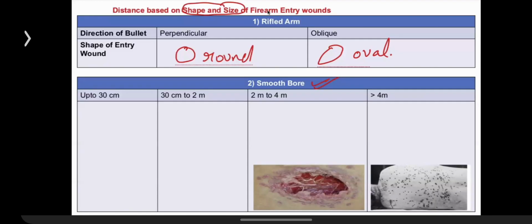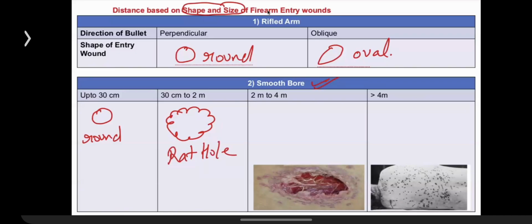In smooth bore, initially the pellets go together and then they start separating out. So up to 30 centimeter, it's a round wound. And then the pellets slightly start separating out. This is called rat hole wound. And then suppose there are 100 pellets, maybe 95 will remain together and a few will separate out.